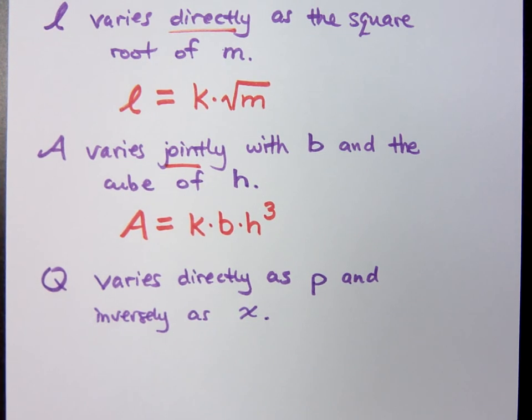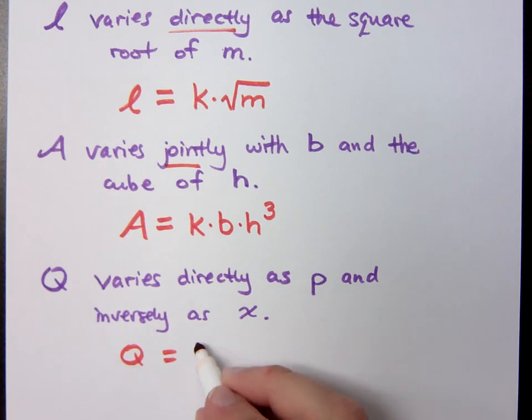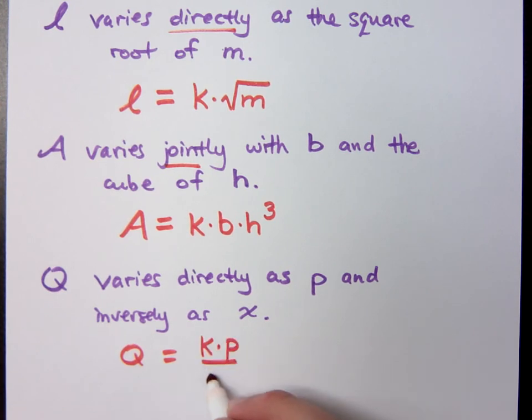This is combined variation, which means it's a combination of direct and inverse, which means it's a combination of multiplication and division. So how do I write this guy? Q equals K times P divided by X. K times P divided by X.